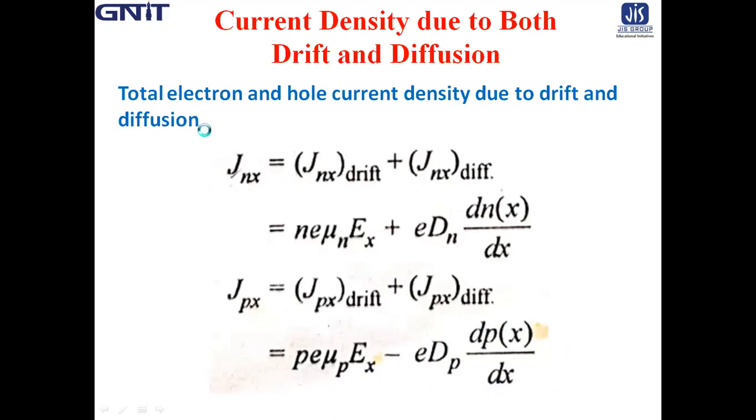So this is the total electron and hole current density due to both drift and diffusion.